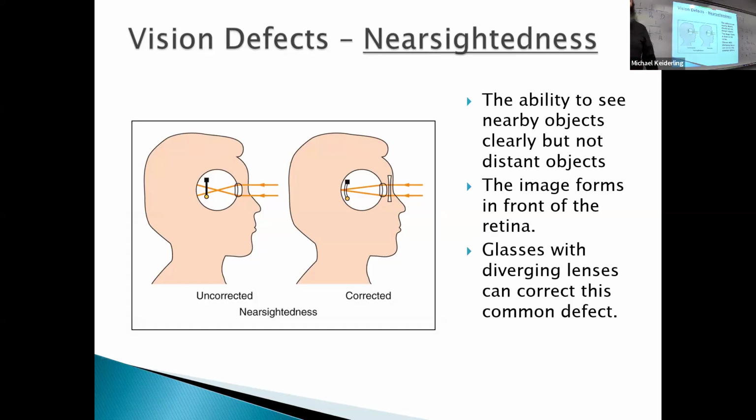This is the ability to see nearby objects clearly, but not distant objects. Your images form in front of your retina. And to fix this, you use glasses with diverging lenses that basically adjust the focal length of your eye and correct this common defect.